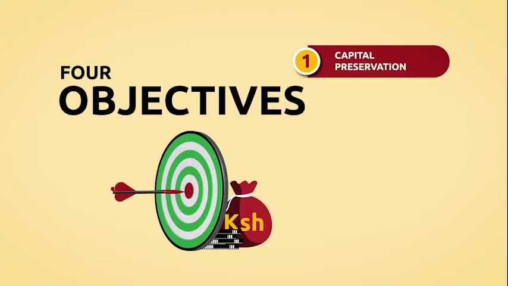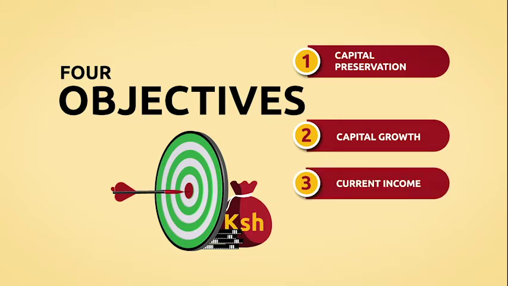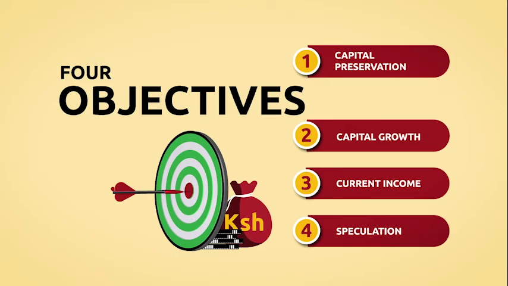That is 1, capital preservation, 2, capital growth, 3, current income, and the other one is speculation, which I don't want to dwell much into because that is not an investment per se, but rather taking advantage of any opportunities that are available and getting out.